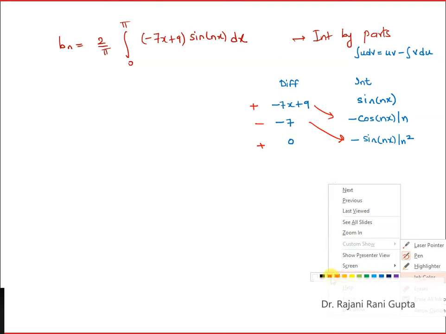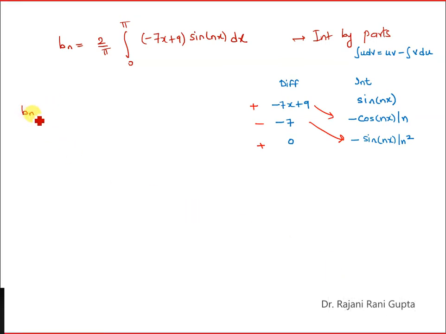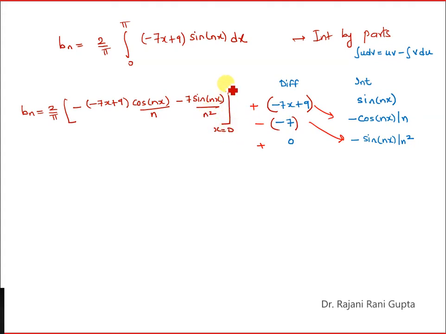So bn equal 2 over pi, in a bracket: plus minus gives minus (7x plus 9) cos(nx) over n. Now minus becomes plus, and then again minus becomes minus, so it gives minus 7 sine(nx) over n square, with limits from 0 to pi.